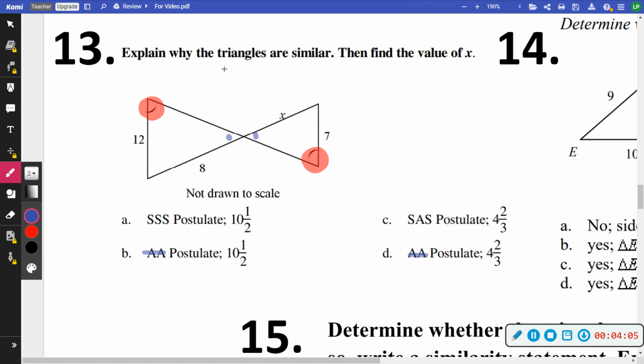And it looks like this is rotated over. So if I took this and rotated it, that would mean that 12 and 7 go together, and x and 8 go together. So I'm going to put 12 to 7, and x to 8, because if you were to rotate that, the purple would be in the same spot, the blue would be in the same spot, and that angle would be in the same spot.